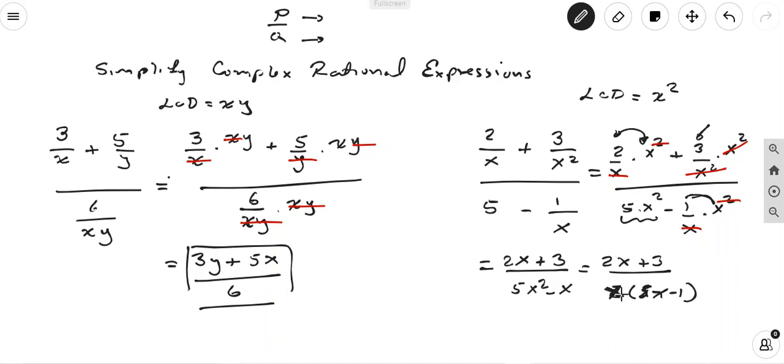You factor the x out because you have a common factor x in the denominator, so you get x times 5x minus 1. And then this is the resultant expression that you get when you simplify the given complex rational expression.